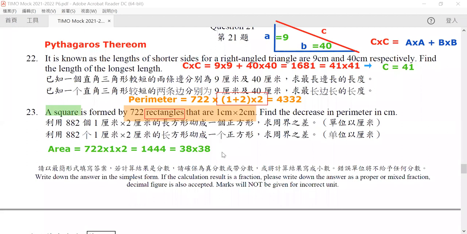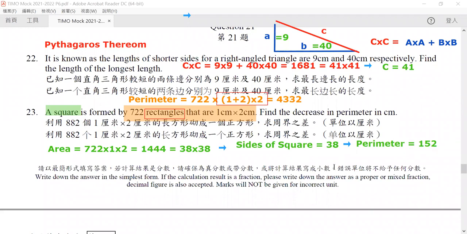So we know that the size of the square is equal to 38, and hence its perimeter is equal to 38 times 4, which is 152.